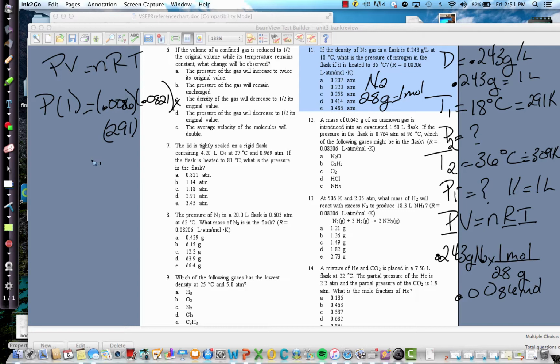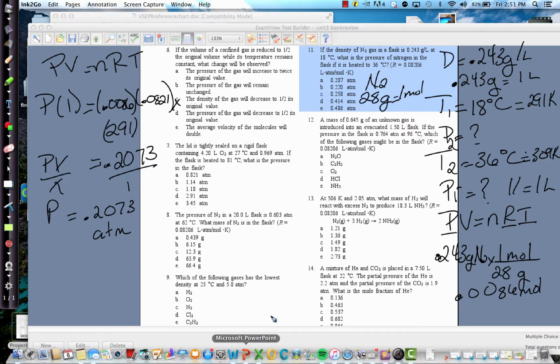I'm going to get roughly 0.2073, and that's equal to P1. Divide both sides by 1, so my pressure here is going to be 0.2073 atmospheres.